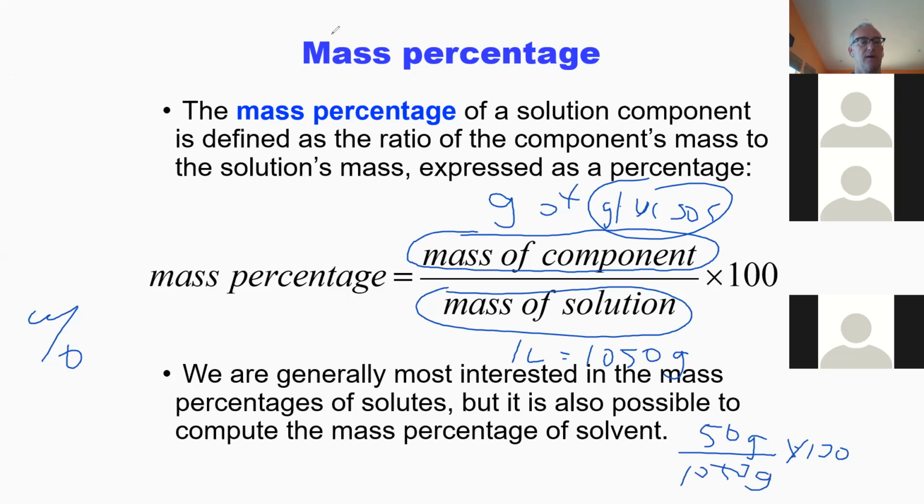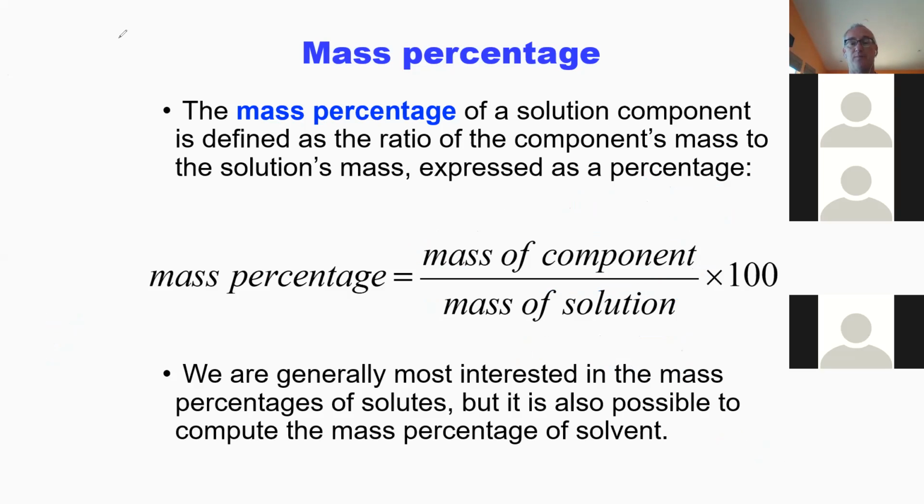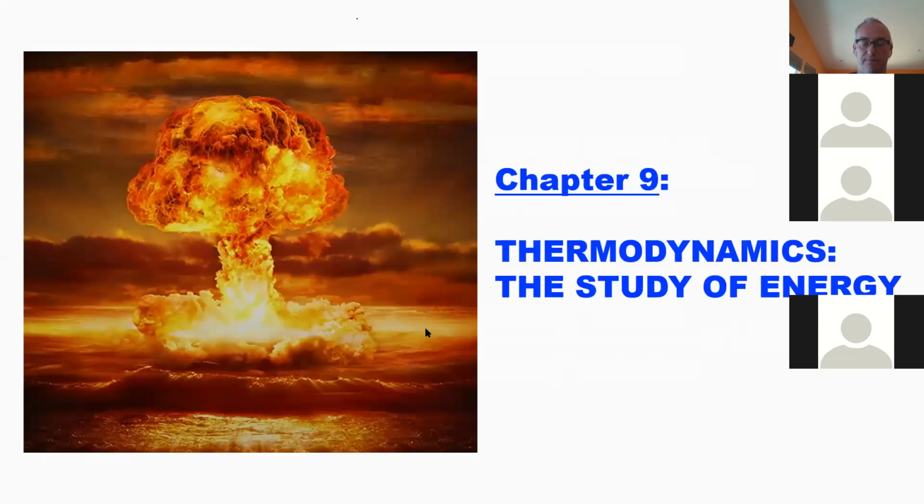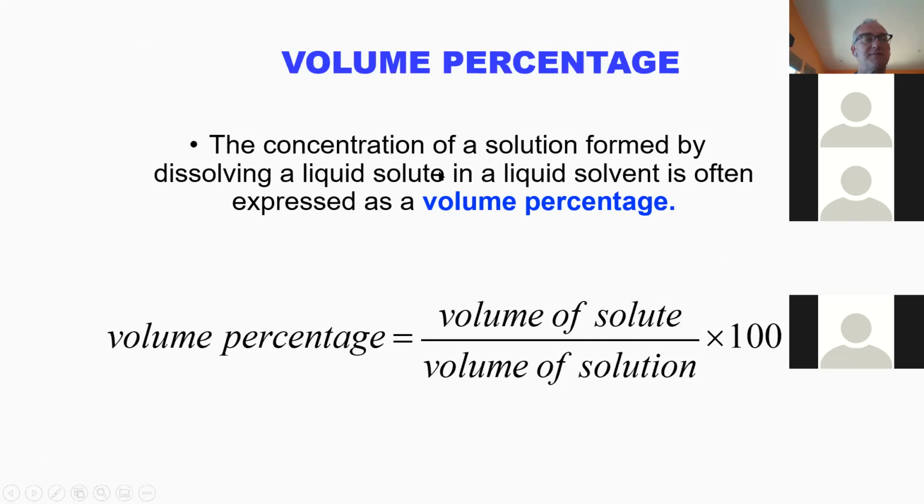Now, what if I have a liquid dissolved in another liquid? A much easier way to express that would be volume percentage. And you see that with everyone looking for isopropyl alcohol to make hand sanitizer, right? You want to look for something with a high volume percentage. All that means is, what's my volume of isopropanol?